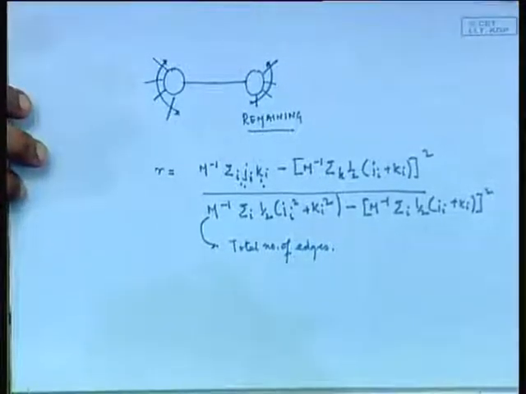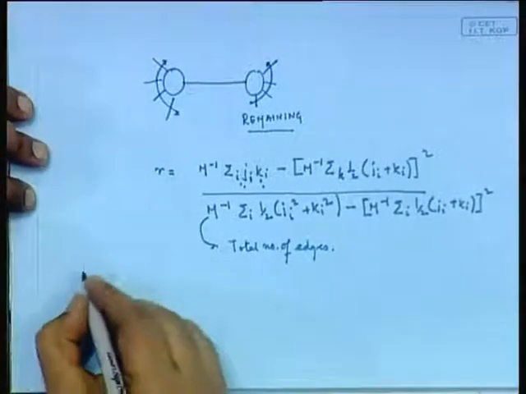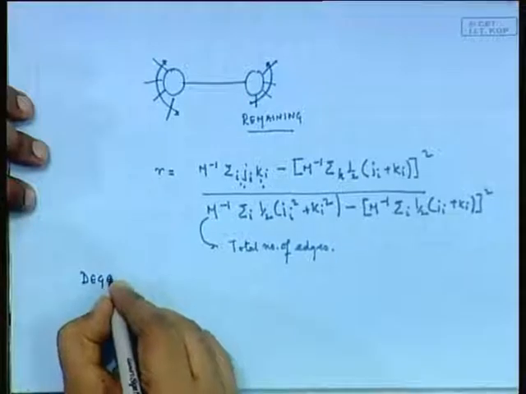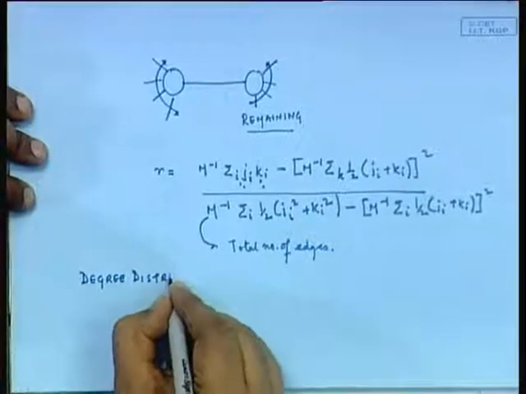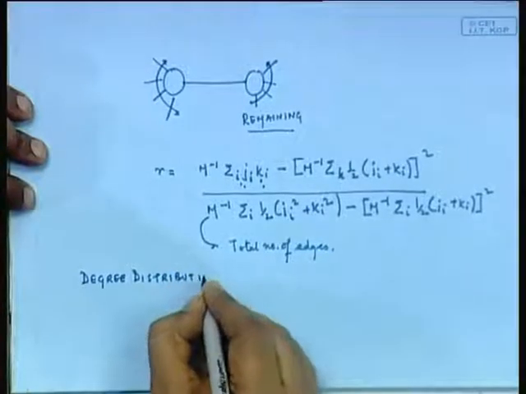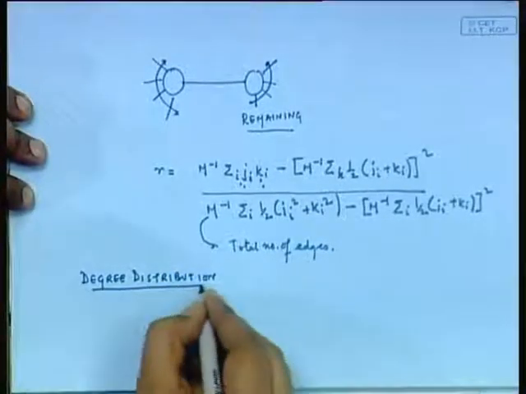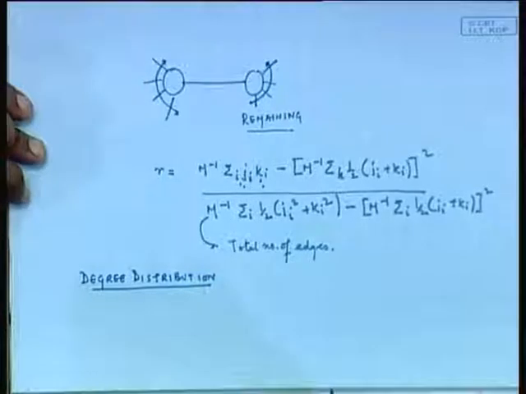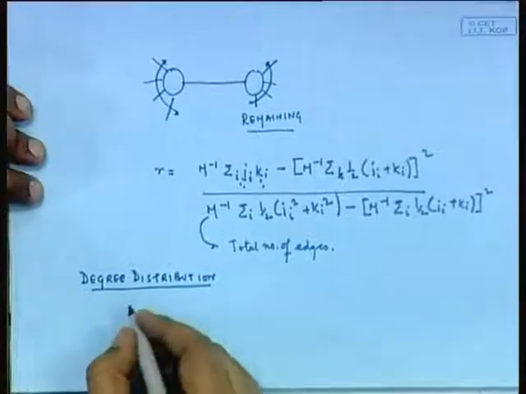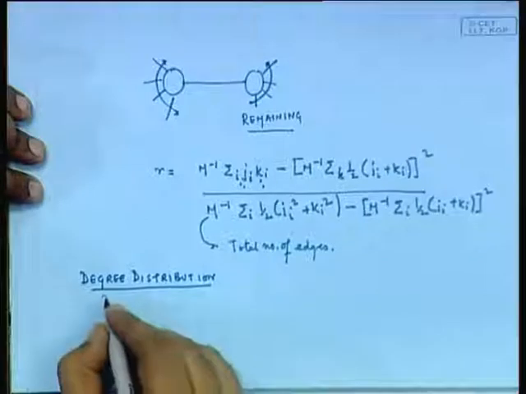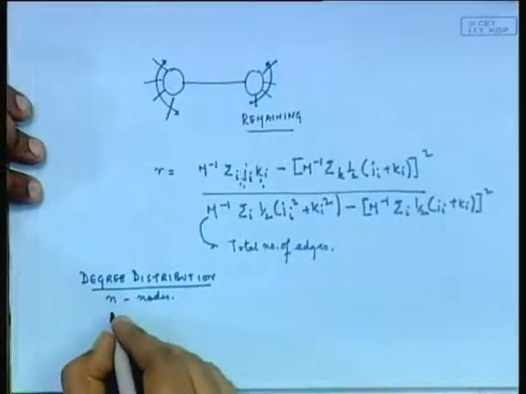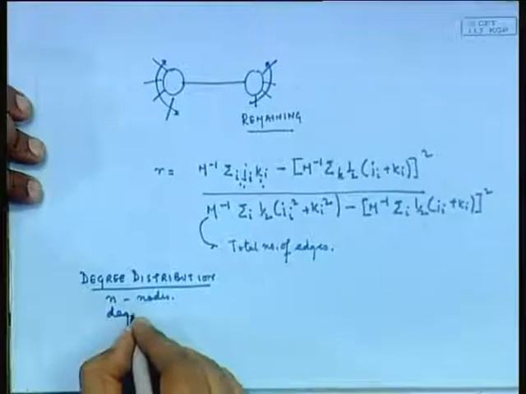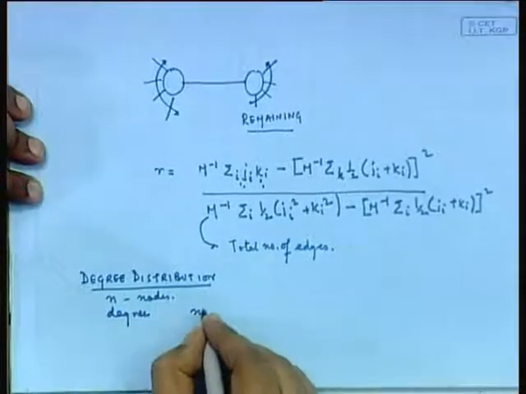The next question I will ask is, is degree distribution clear to everybody? Because this is needed for the next step. So, again, you have n nodes. I write degree and number of nodes.